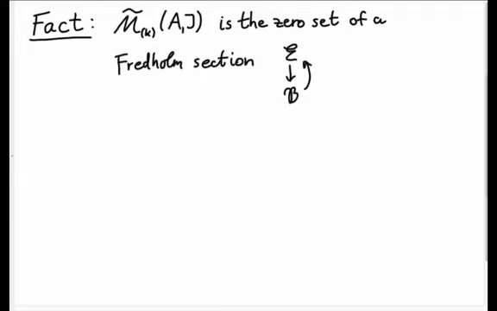So there's some Banach bundle, and my d-bar operator, in some sense, is a Fredholm section. And wherever that's 0, those are exactly my pseudoholomorphic maps.